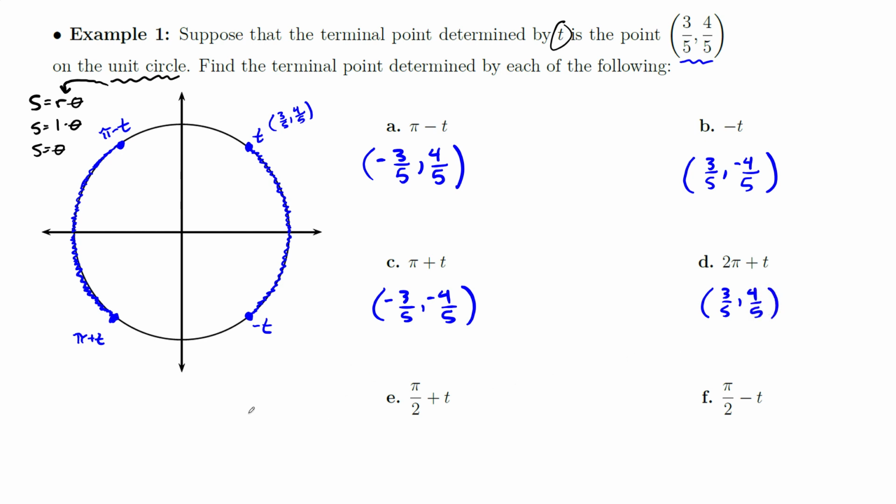Now I'm going to switch colors here for these last two. They're a little trickier. So let's think about what it means to go pi over 2 plus t. Going pi over 2 means I'm going to go up to here, and then I'm going to go t from there.